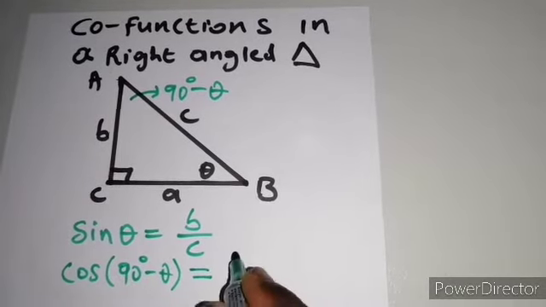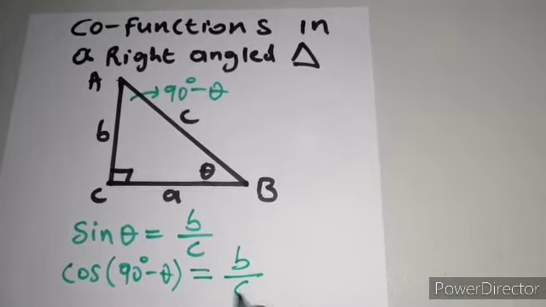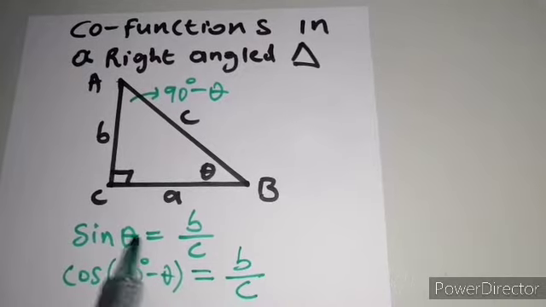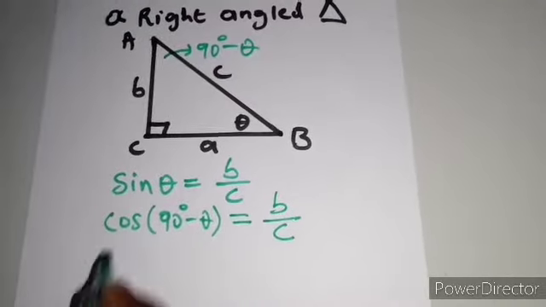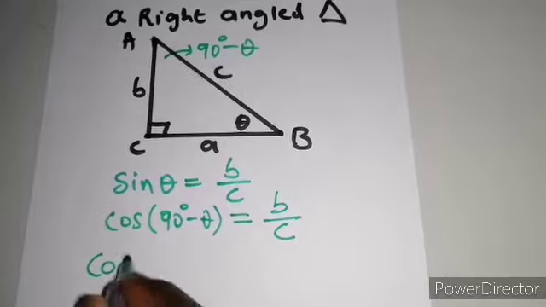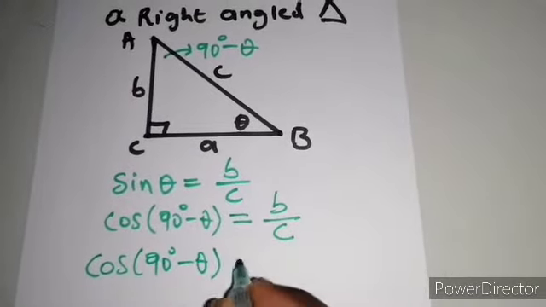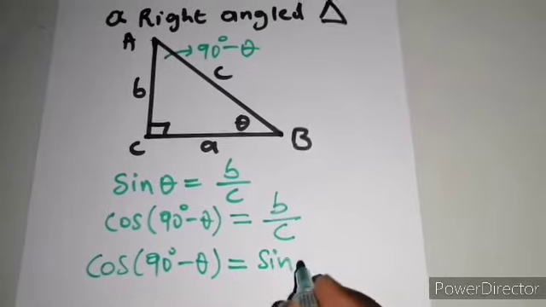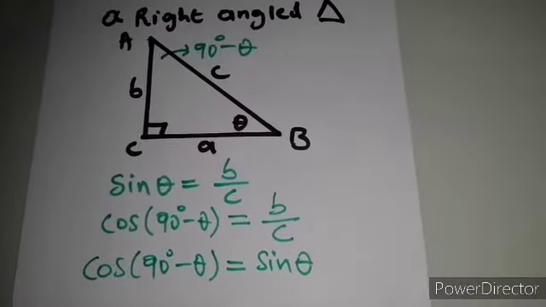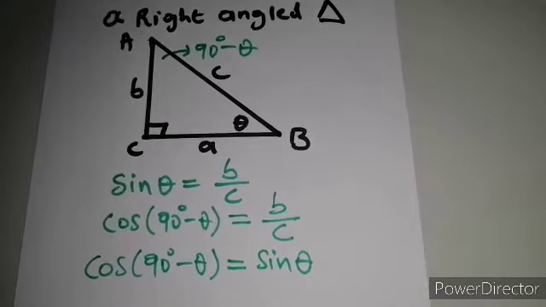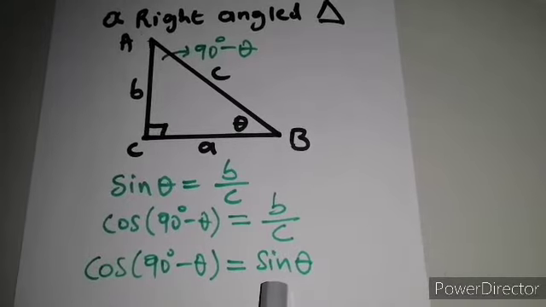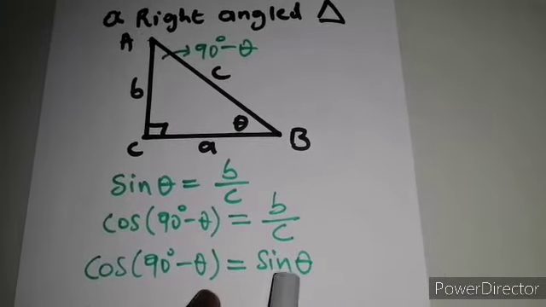So the adjacent side is b divided by hypotenuse c. Now, these two are equal. We can conclude that the cos of 90 minus theta is the same as the sine of theta. So the cofunction of the sine, in this case, is the cos.